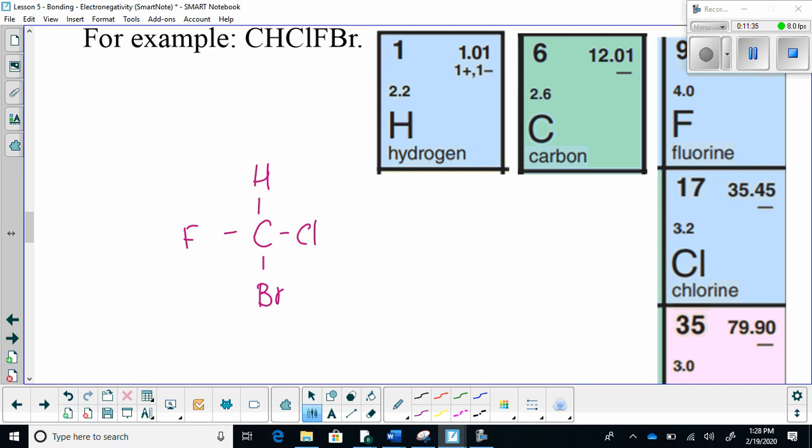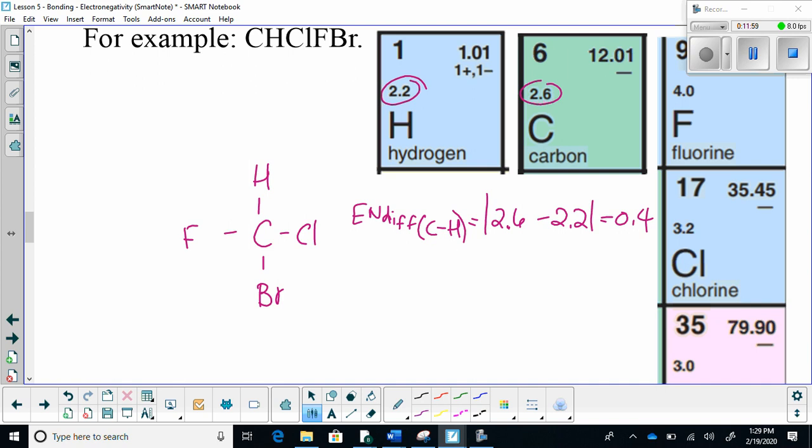So the electronegativity difference between carbon and hydrogen is equal to 2.6 minus 2.2, which gives me 0.4. Okay?